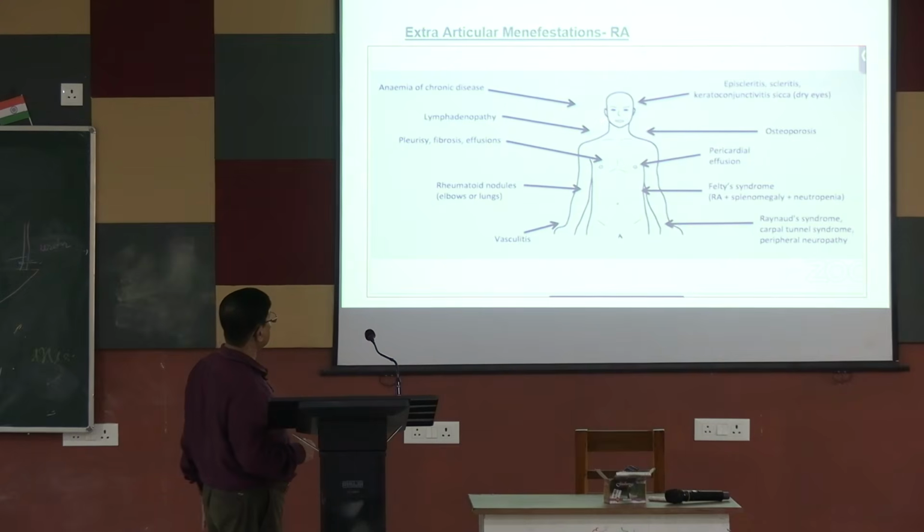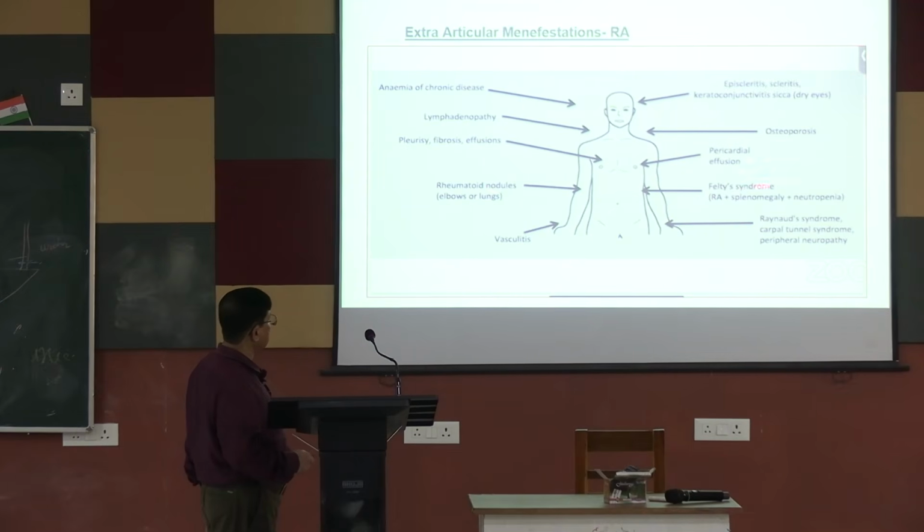There can also be lymphadenopathy. There may be osteoporosis. The lungs can be involved, like pleurisy, fibrosis, and effusions. And pericardial effusion may be there in rheumatoid arthritis. Rheumatoid nodules may be there in the elbows and lungs.